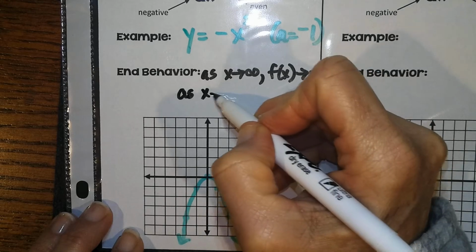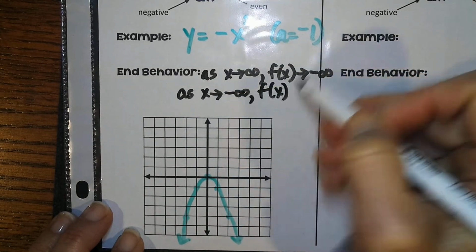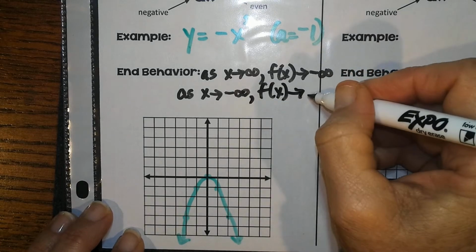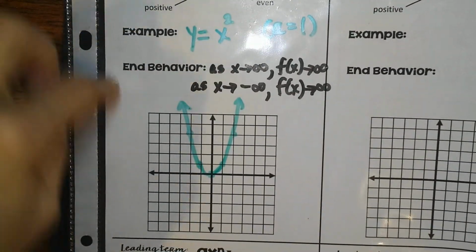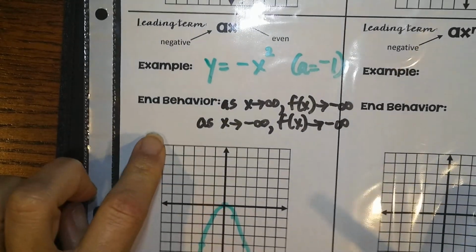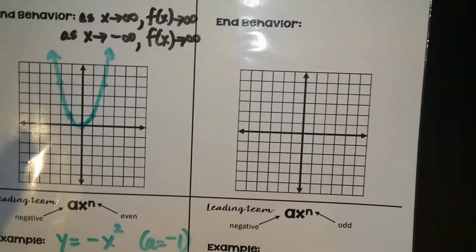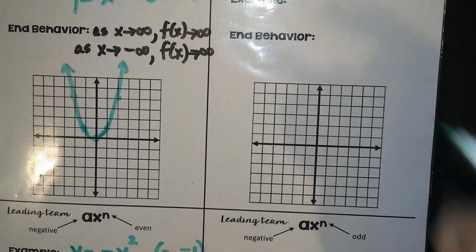As x goes to the left, f of x goes down, down, down. So again, positive even, both up. Negative even, both down.